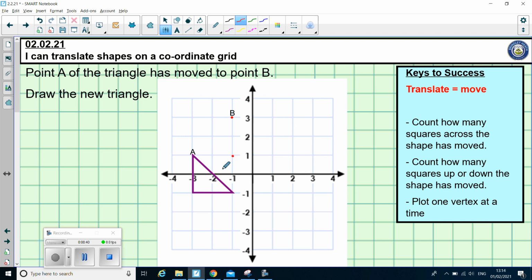So this corner is going to end up here. So I've done that vertex, and I've got one final vertex that I need to do. So again, I need to go across 2, and I need to go up 2. So my 3 vertices of the triangle are these 3 little crosses that I've got on the screen. I'm going to rub out my working out because that might confuse me. And then the final thing I need to do is, with a ruler, I need to join them up.